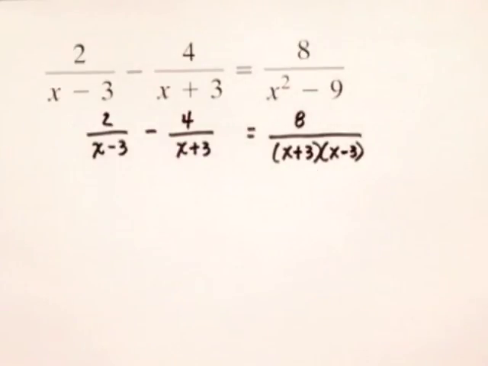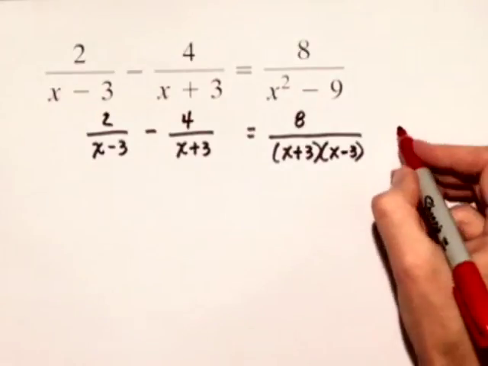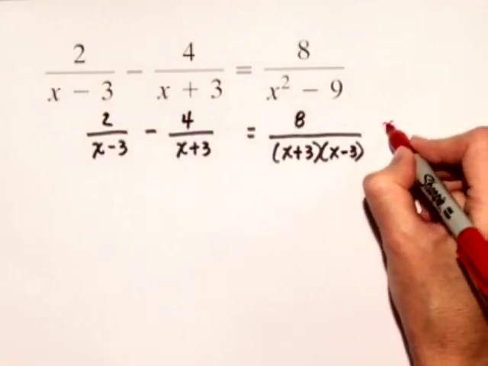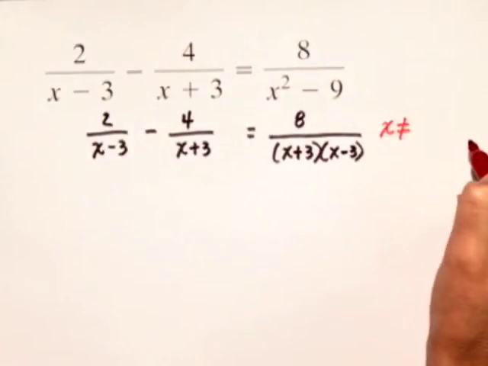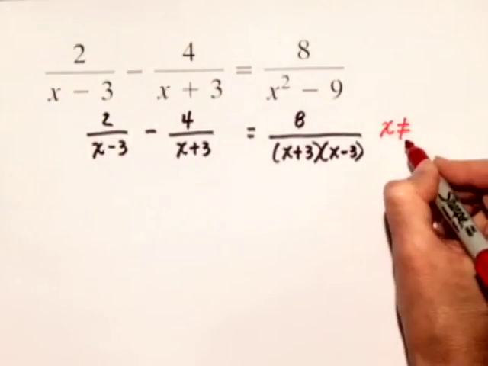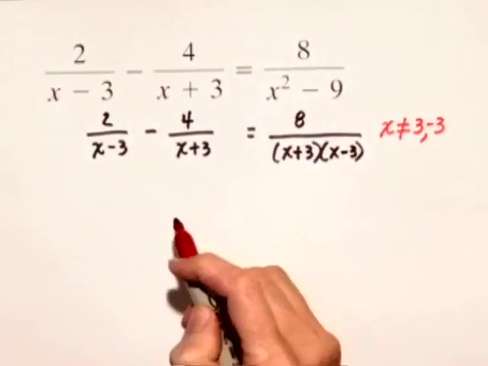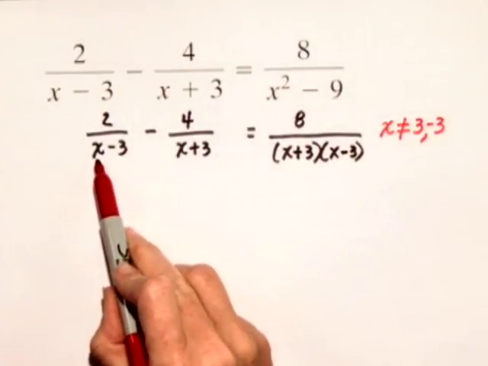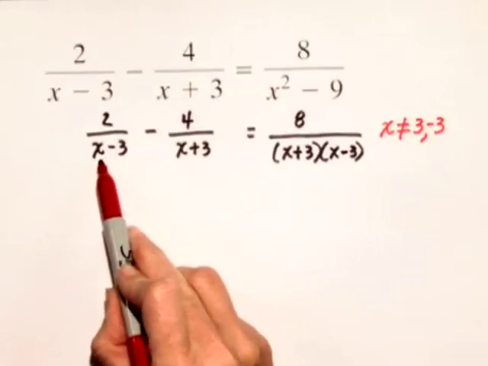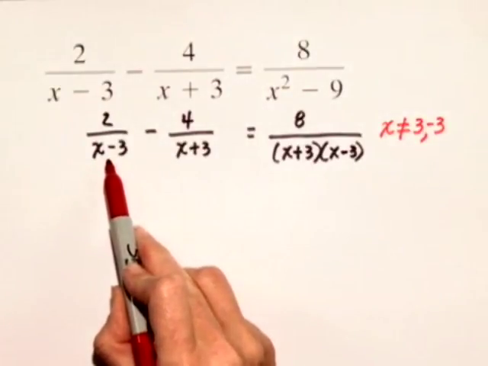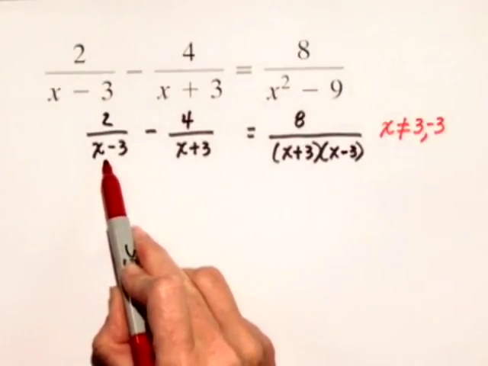But before we do that, since this is a rational equation, we want to take a look at the restricted values and determine any values that we cannot let x equal. In this case, we cannot let x equal positive 3 or negative 3. If x equals 3, in our first fraction, 3 minus 3 would give us 0 in the denominator, and we cannot divide by 0.